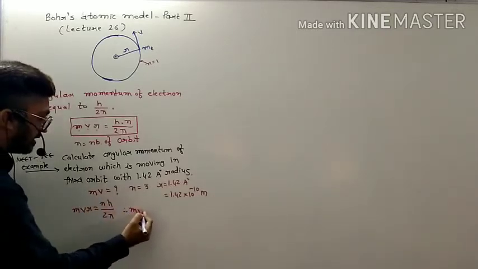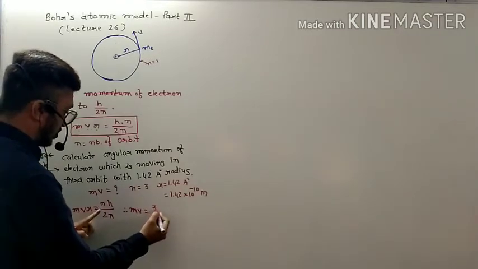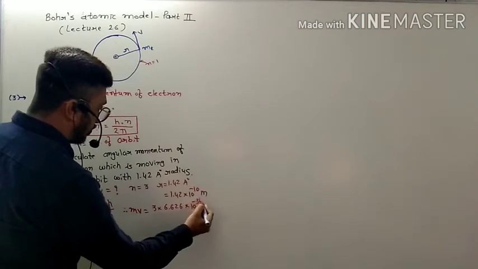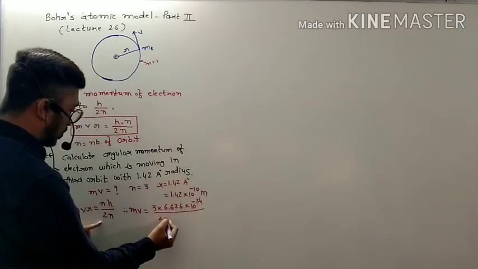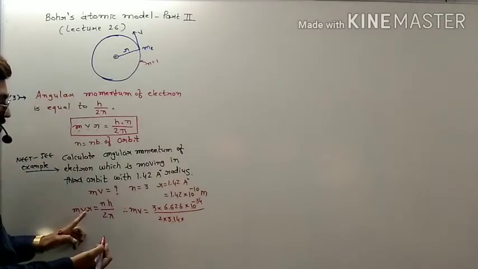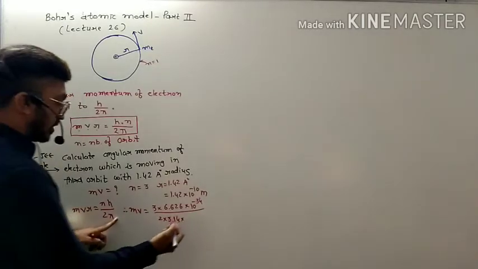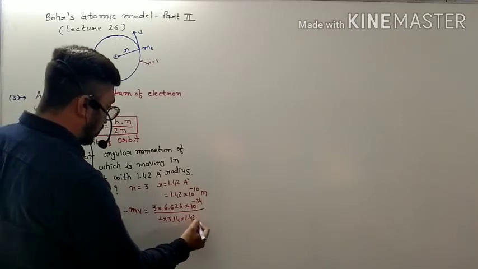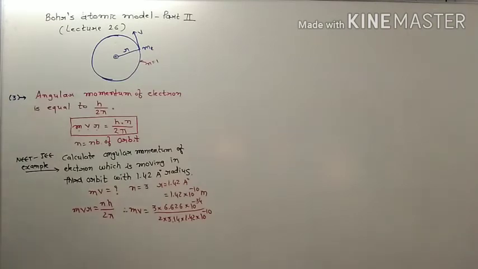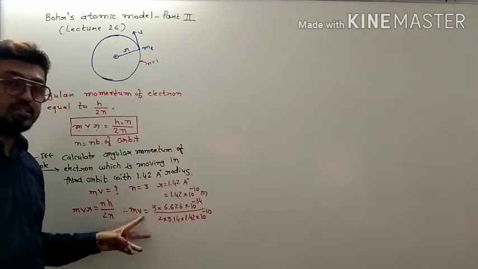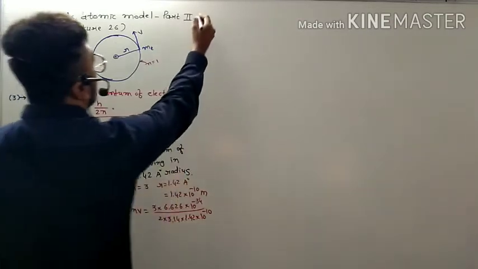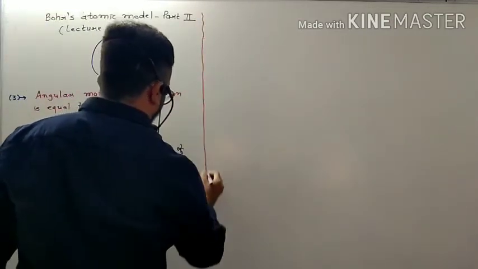So mv is equal to n means 3, 6.626 into 10 raised to minus 34 divided by 2 into 3.14, and the r which is on the left side will go to the right side, on the lower level, 1.42 into 10 raised to minus 10. So calculate and give the answer of this solution, then you will easily find the angular momentum of this example.